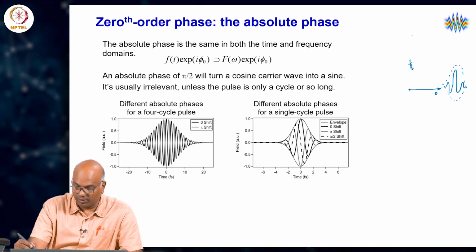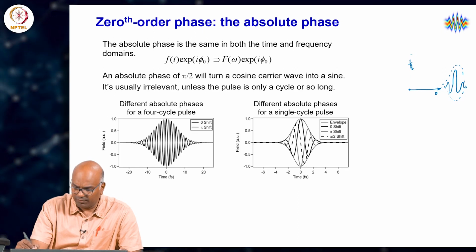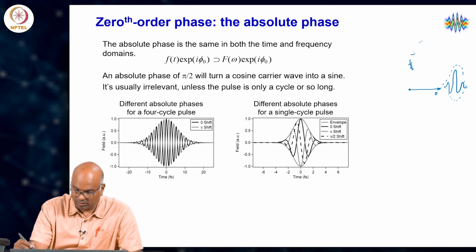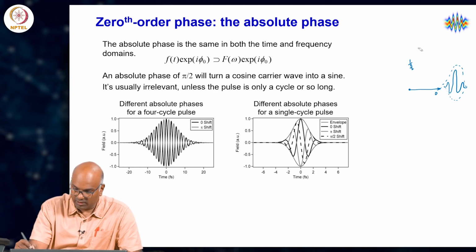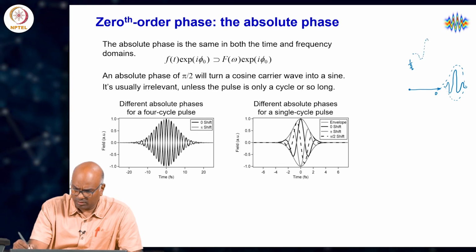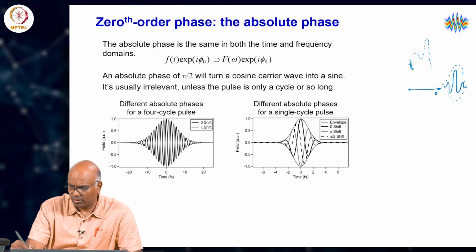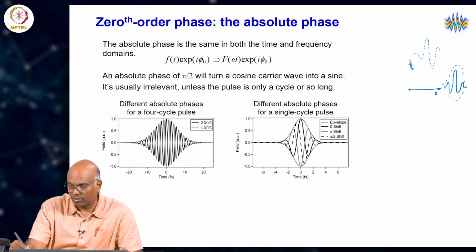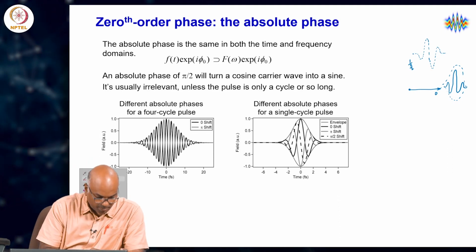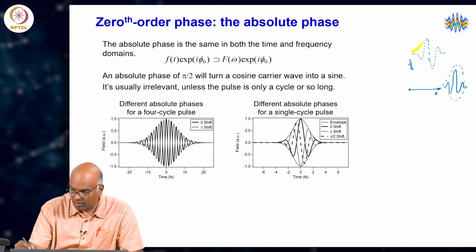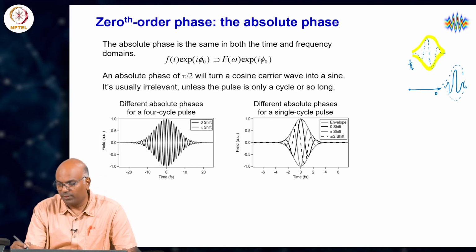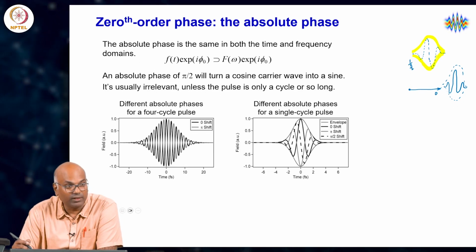If it is pi over 2, then the pulse itself, the way it is sketched in this figure, is kind of like that, with the envelope function being so. So, at the maximum of the envelope, the field has a 0 crossing.